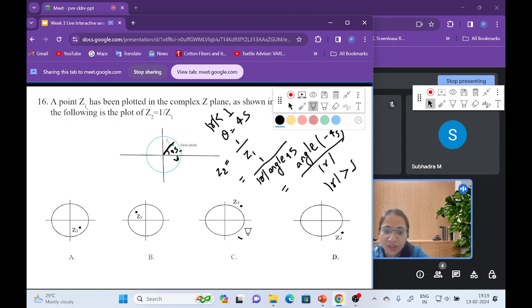There is option C or option D. It represents that, but here angle is minus 45 degree, but here angle is showing 45 degree. So the correct option is D. Angle minus 45 degree and mod of R must be greater than 1. So the correct option will be option D.